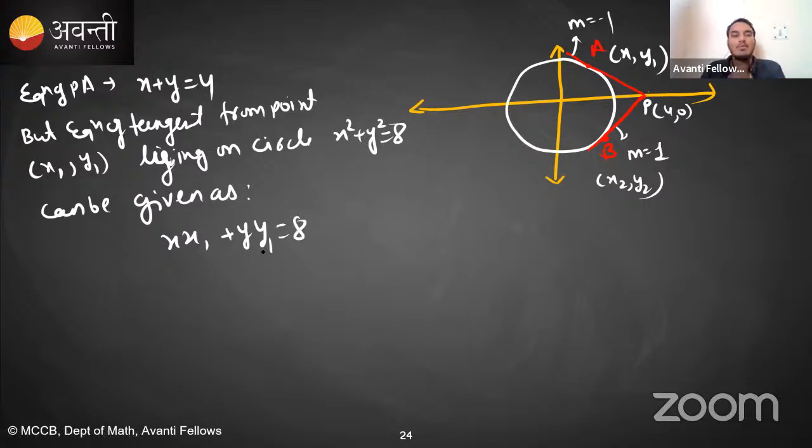Yes or no? Tell me quickly in the chat box. If the point is lying on the circle, then the equation of tangent can be written in point form using the transformation, x x1 plus y y1 is equal to 8.